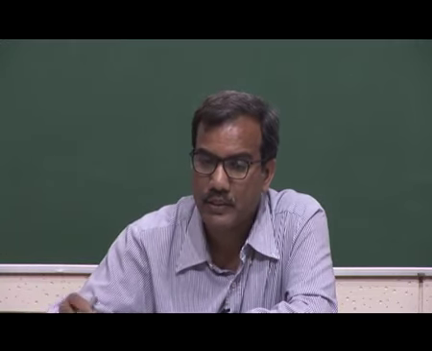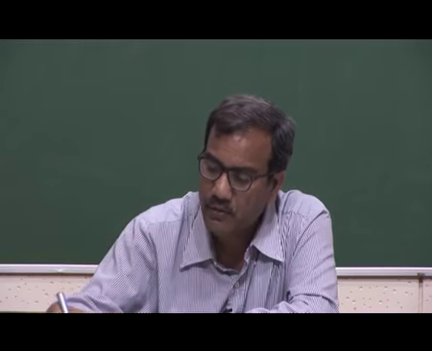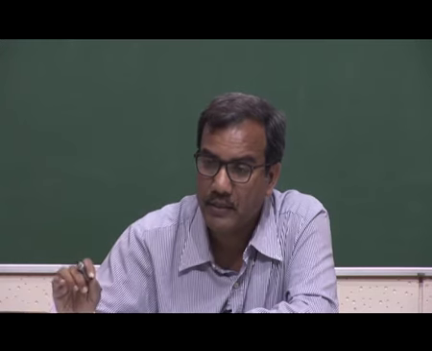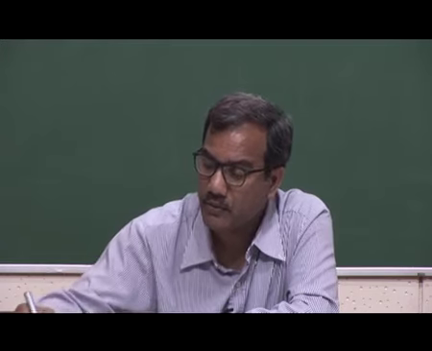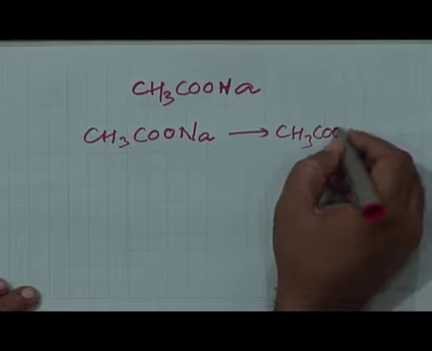Now, the question is whether this is a basic solution, acidic solution or neutral solution. So, let us think about this. This is a soluble salt. What that means is this will completely dissociate. Any soluble salt almost completely dissociates in water into its ions.